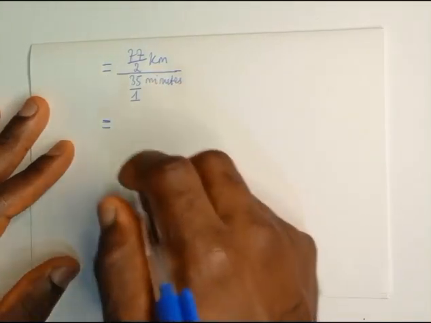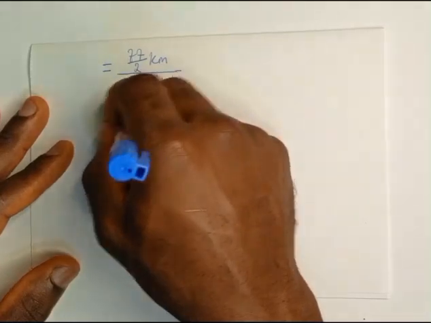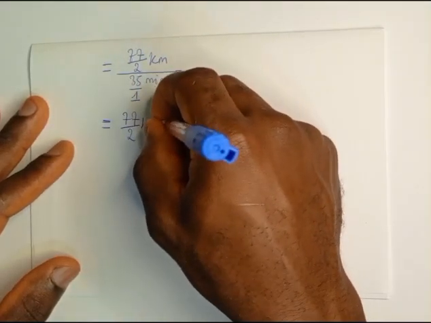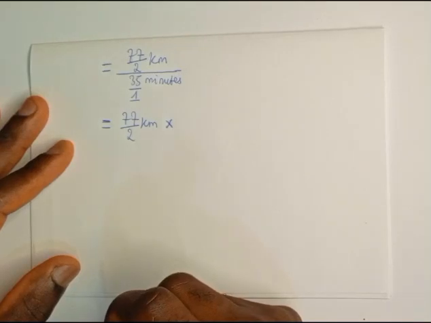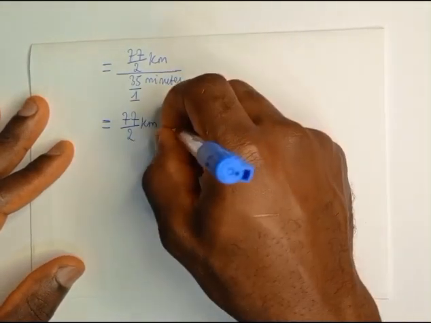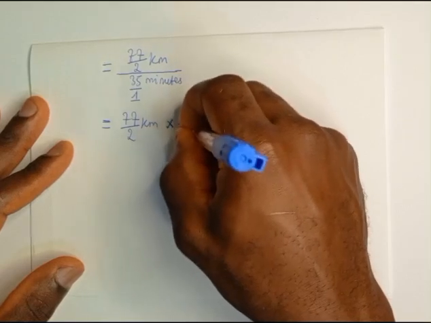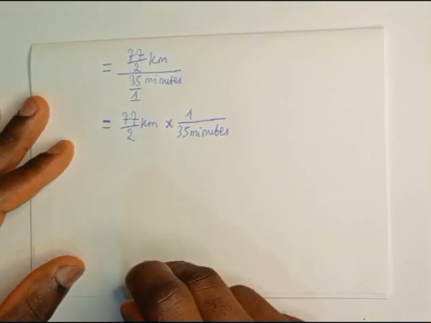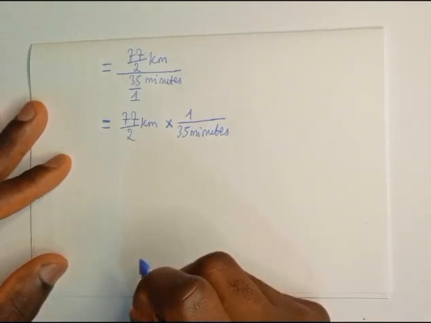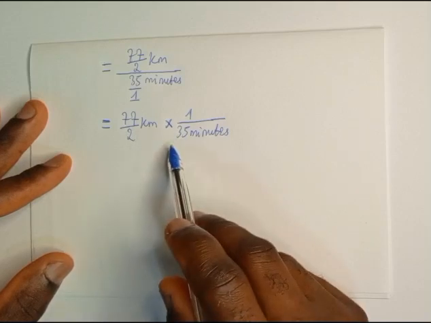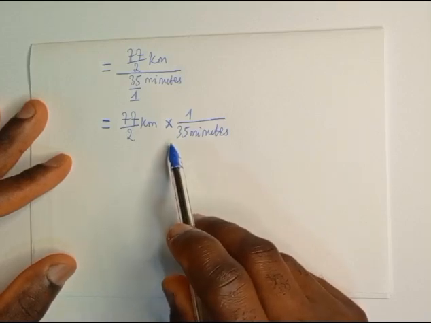We maintain the first fraction, 77 all over 2 kilometers, times, we invert the second fraction, 1 goes up and 35 minutes comes down. Looking at the numerator and the denominator of the two fractions, there is no common factor.